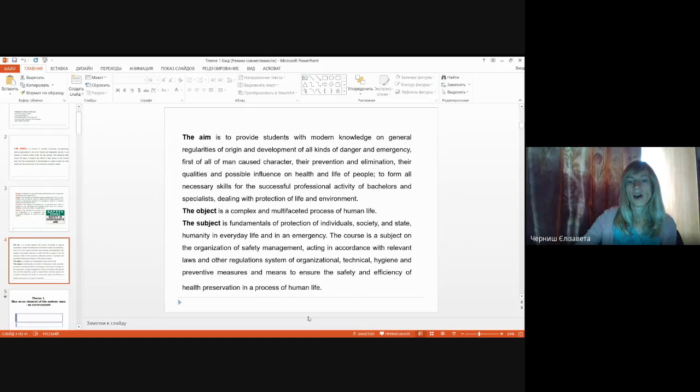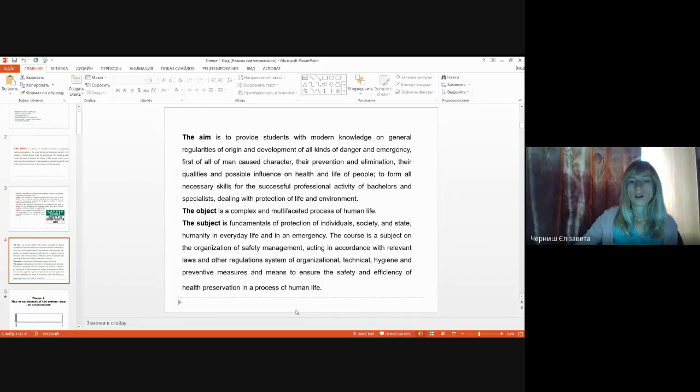And especially, the aim of the discipline is to provide students with modern knowledge on the general regulations of the origin and development of different types of dangers and harmful factors, and how we can protect our life. So we must understand the impact, quality, and possible influence on health, and of course analyze the risk of different types of dangers, and then have some skills necessary to protect our life.